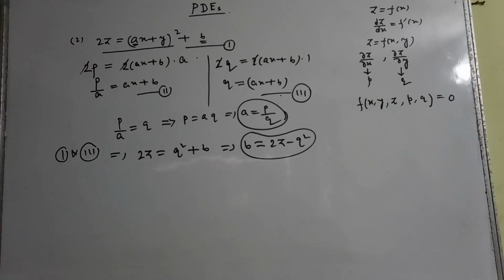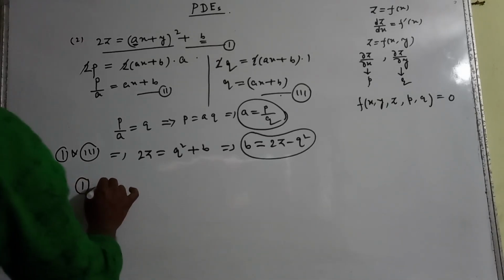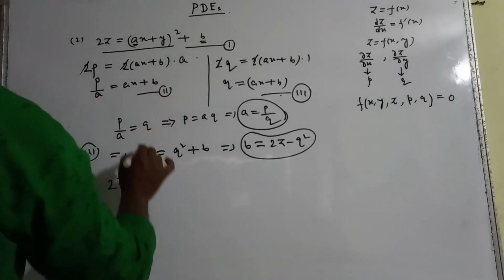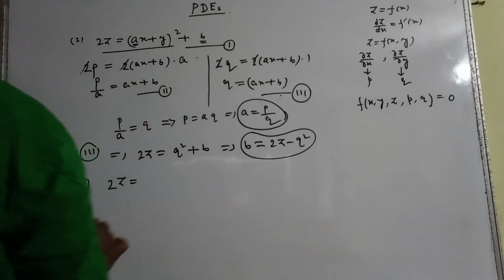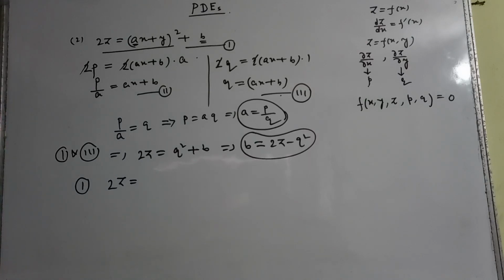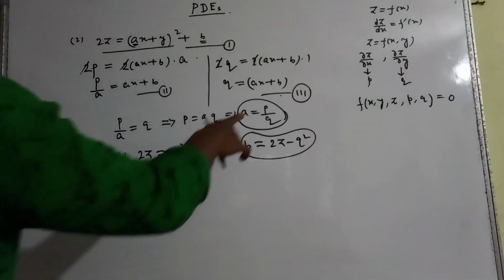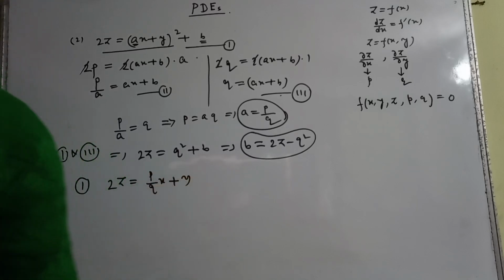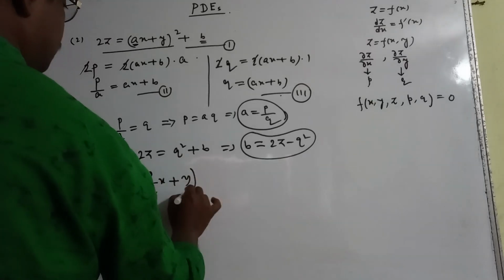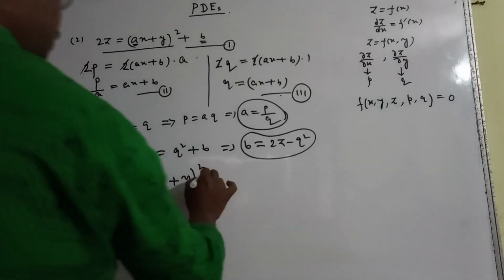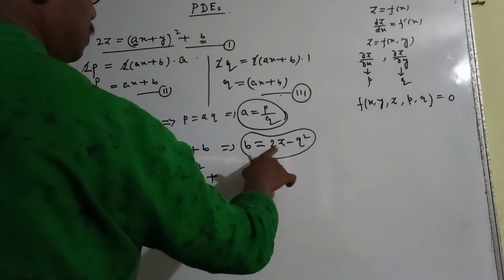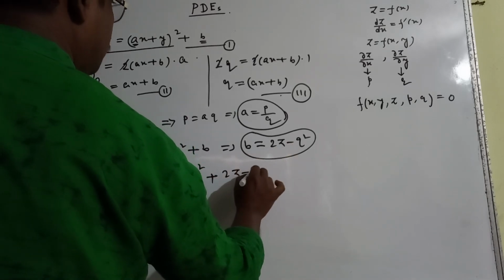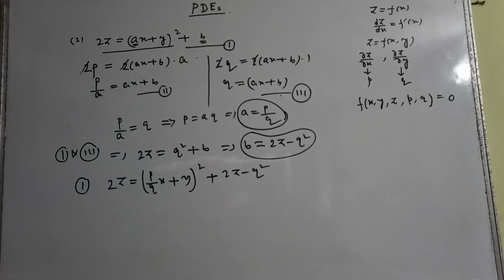Now we have to put the values of a and b in equation 1. 2z equals (ax plus y) whole square plus b, where a means p by q: (p by q x plus y) whole square plus b, which is 2z minus q square.